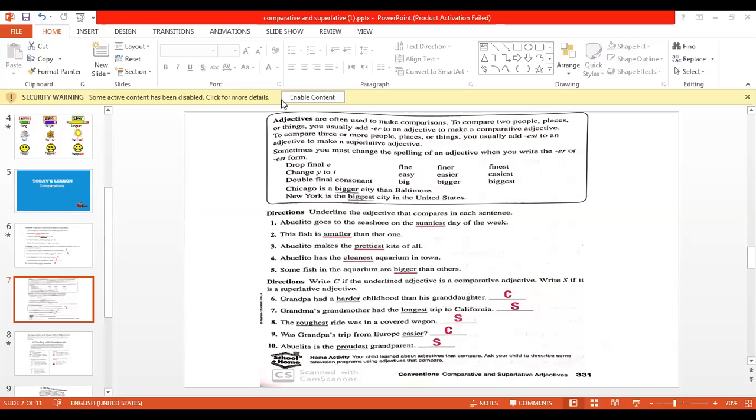And what do we add to the comparative adjective? ER. Excellent. Now, superlative. Compare between more than two, and we add EST.